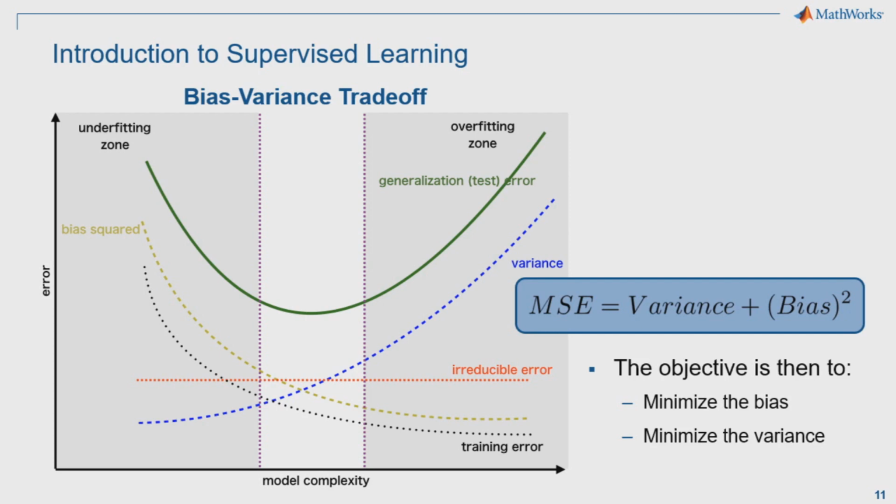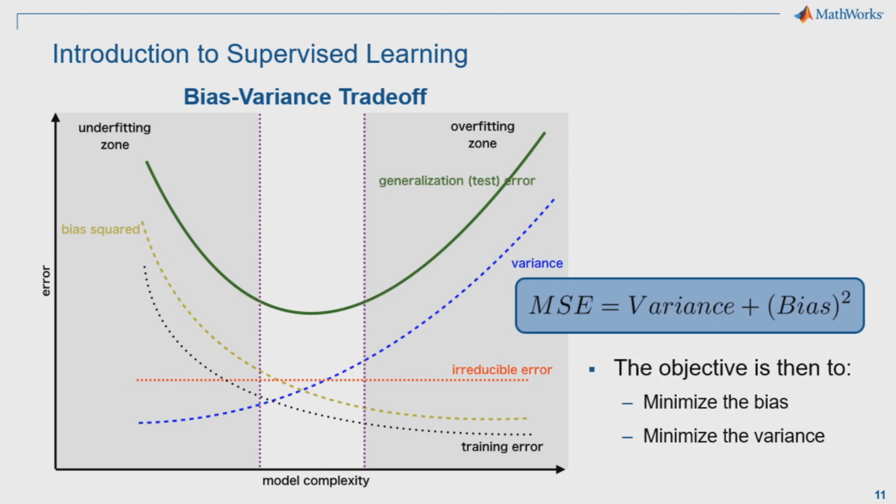From this picture, you can understand that as the model complexity becomes higher, typically the training error becomes smaller, but you are reducing the bias, but you are increasing the variance.